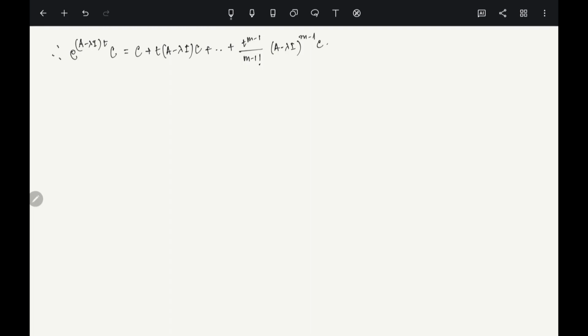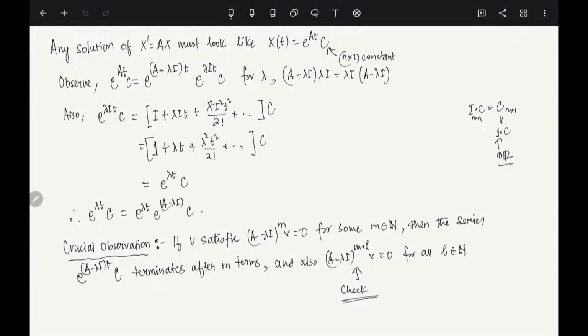That's what we have. We have assumed that if you can find such a v, we don't know whether such a v exists or not. If we can find a v such that this happens, then what? I should write it as c. It will be better.